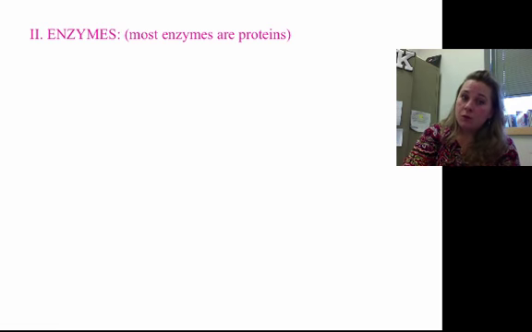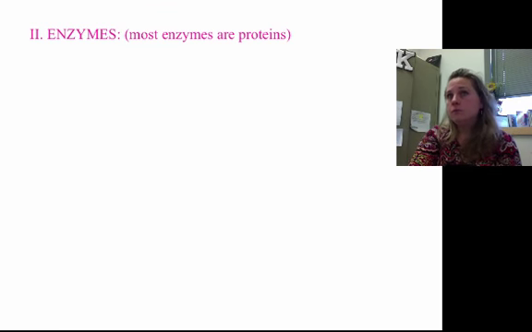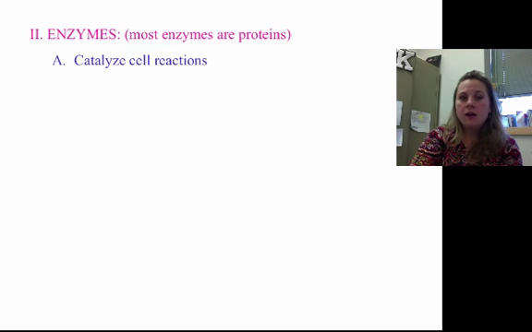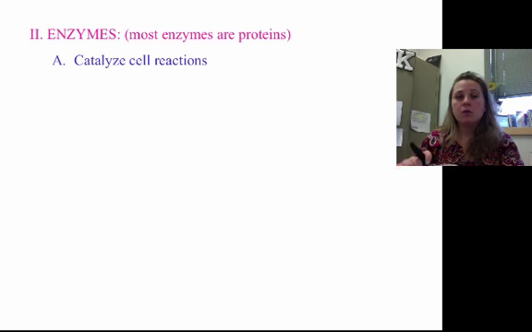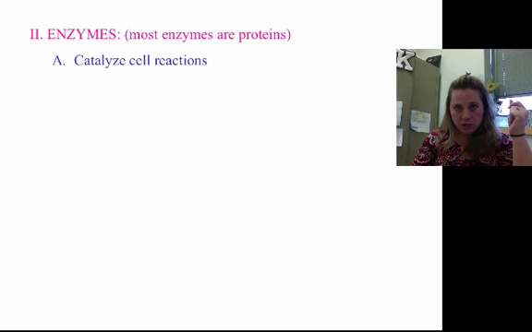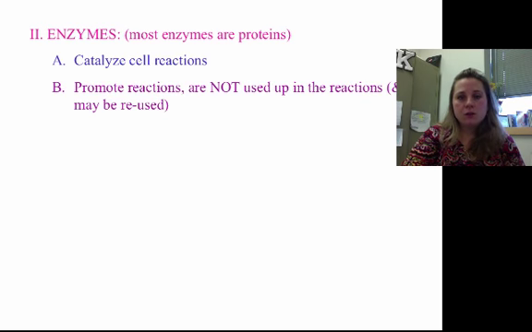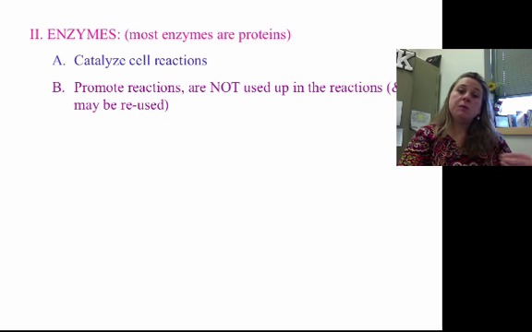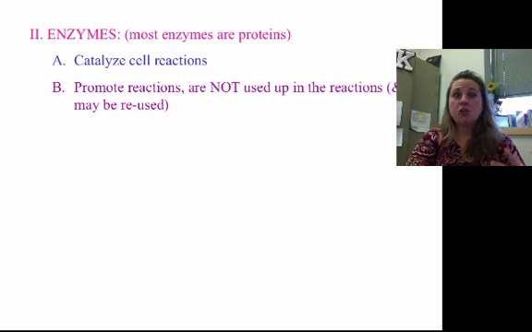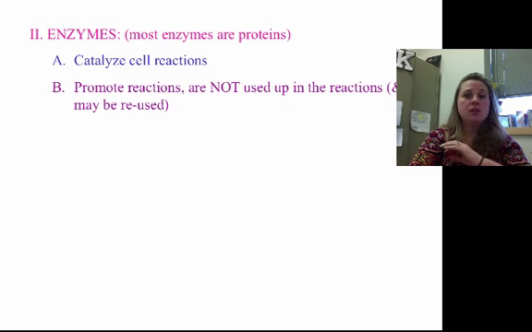Most of our enzymes are proteins. For our work, we're going to do that. They catalyze all of our cell reactions. To catalyze something means that it's going to speed it up. So it allows for these reactions to occur at the speed at which we need them to. They happen really, really fast. Now here's the thing. They promote the reactions and speed them up, but they're there to make sure it happens. They're not part of the reaction.